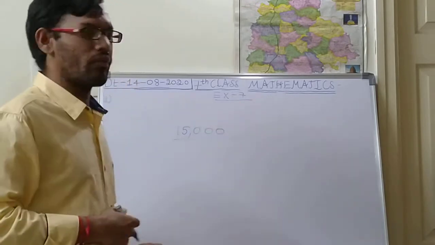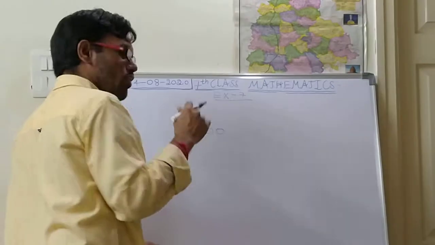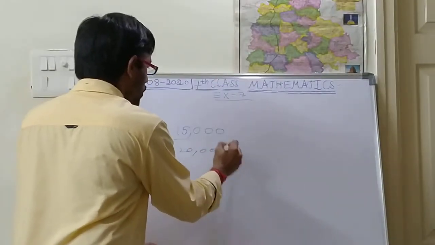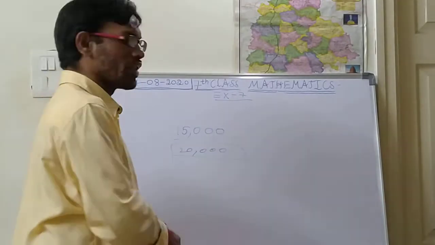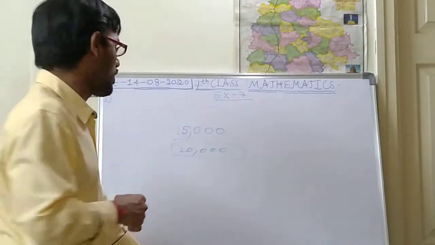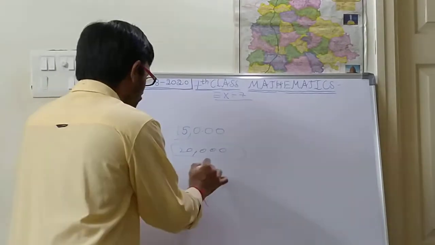You have bought a phone for 15,000 rupees and you have sold it for 20,000. Which is bigger? 20,000 is bigger. So how much extra money did you get? 20,000 minus 15,000, that means 5,000.